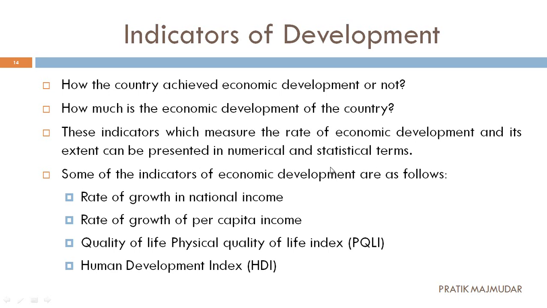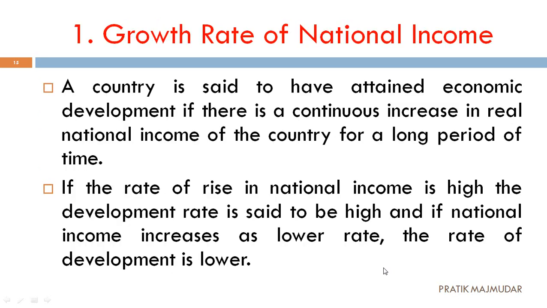For both of these we have to introduce some indicators. So what are those indicators? First, the rate of growth in national income; second, the rate of growth of per capita income; then the quality of life, the Physical Quality of Life Index, PQLI; and the last one is the Human Development Index. We are going to use these four different parameters.